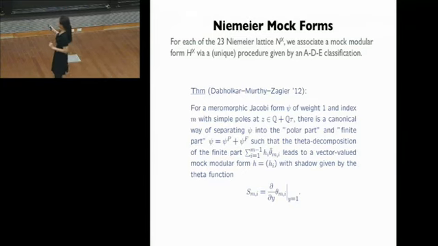And they provide a canonical way to separate this meromorphic object into the polar part, which I denote psi P, and the finite part, which is holomorphic but no longer Jacobi. I call it psi F. So this psi F, which is holomorphic, we can again theta decompose it.